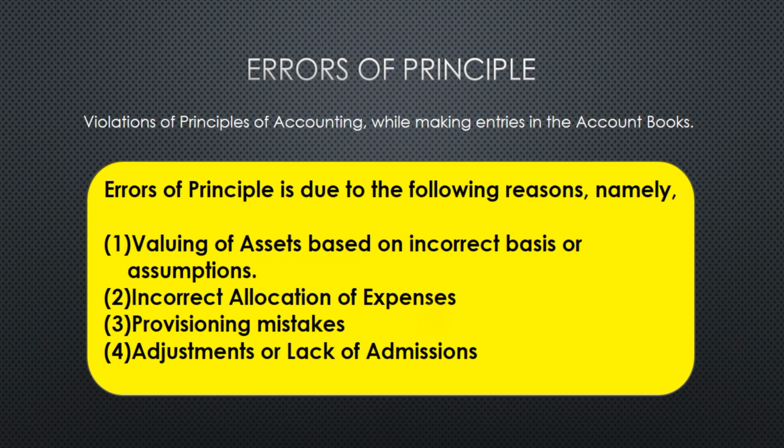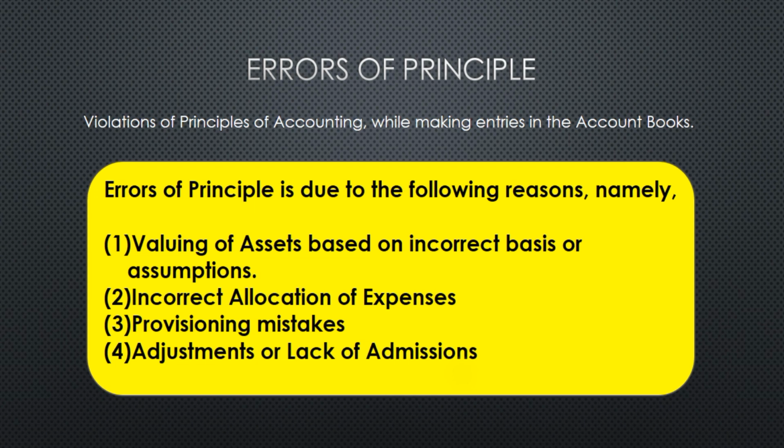And finally, adjustments or lack of adjustments in respect of income received in advance, prepaid expenses or outstanding liabilities. If there is a chance of an error occurring while you make an adjustment, that also becomes a reason for errors of principle.